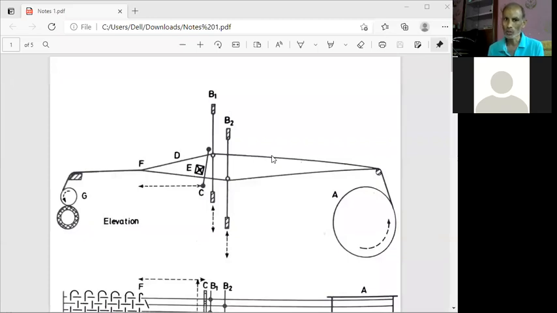So if the heald frame is lifted, the warp threads will also be lifted, and if the heald frame goes down, the warp threads passing through it will also go down. So here all the warp threads, all the ends passing through B1, are indicated as lifted up, and the ends which are passing through heald number 2 or B2 or the back heald frame are lowered.